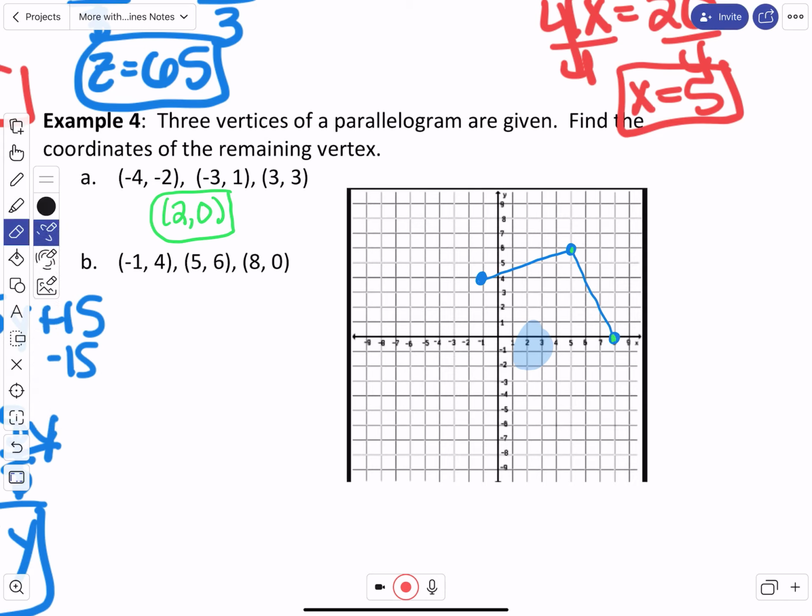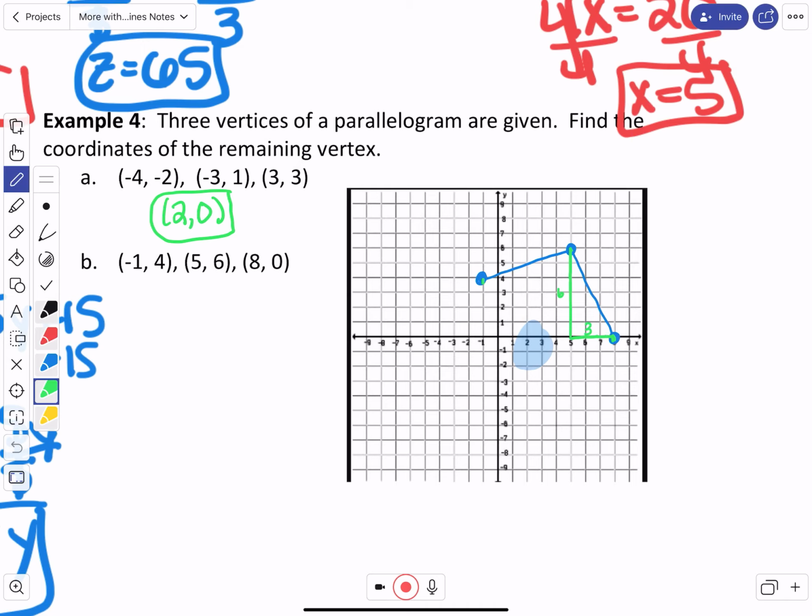So I'm going down 1, 2, 3, 4, 5, 6. So I went down 6, and I went right 1, 2, 3. So down 6, right 3.